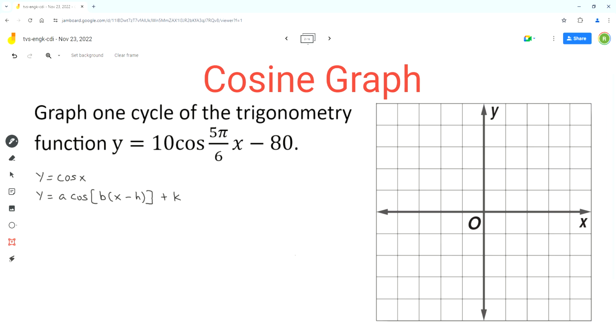Different teachers use different letters for these constants, but their rules are the same. We should compare the given equation with this general equation to find the values of a, b, h, and k for the given equation.